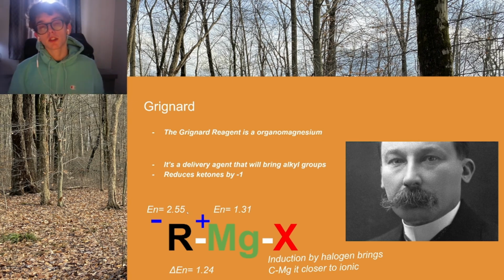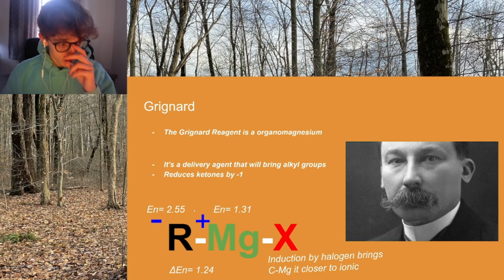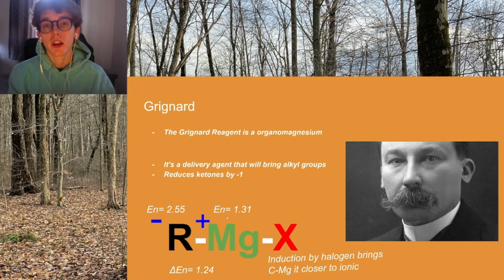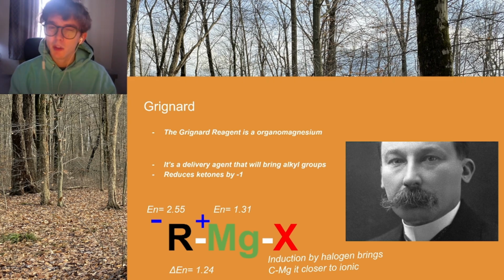But let's look at the electronegativities of these atoms. We know that to be ionic, you need to be 1.7 Paulings in electronegativity difference, right? Anything below that's covalent, but you can have a lot of ionic character while still having a covalent bond. You just have to get really close to ionic, and that's what the Grignard reagent does.